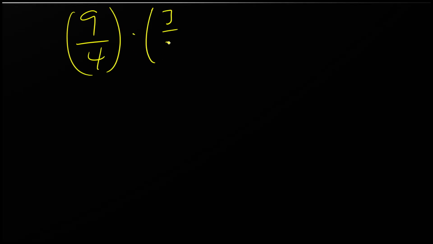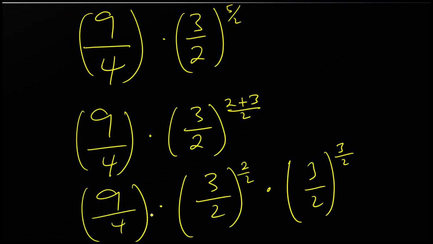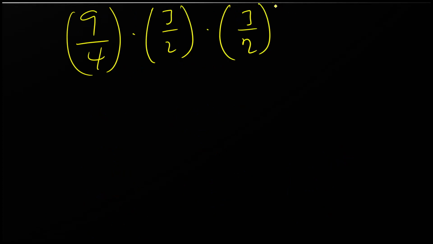So we have 9/4 times 3/2 times 3/2 raised to, so look at that. So we have 3/2. So with the 3/2, we can make it 2 plus 1 again, and cubing it, this time that will be 27/8.